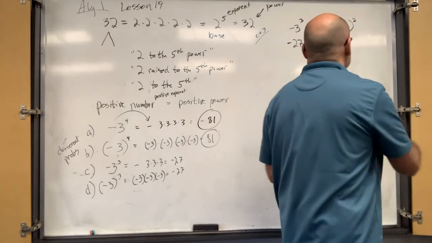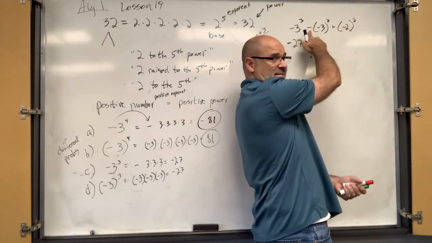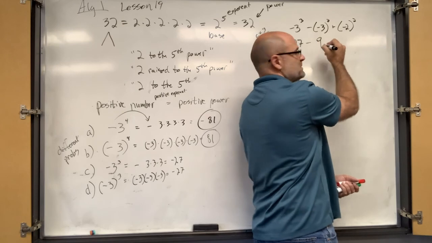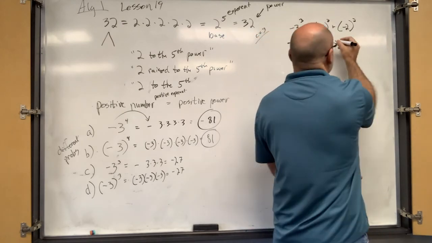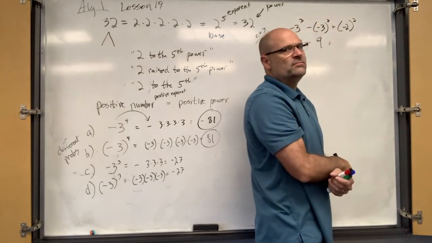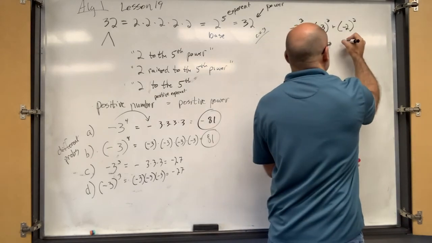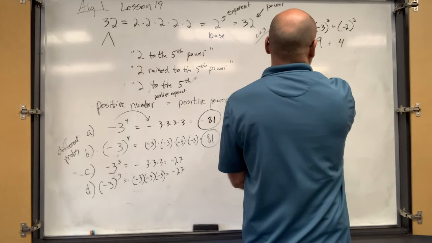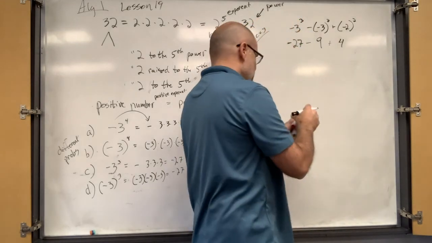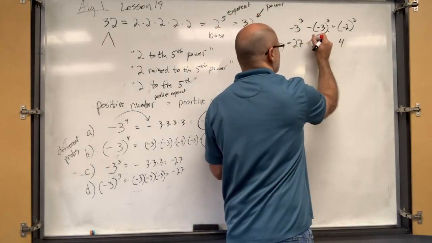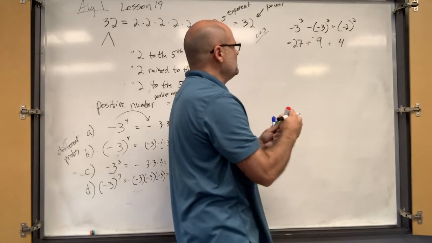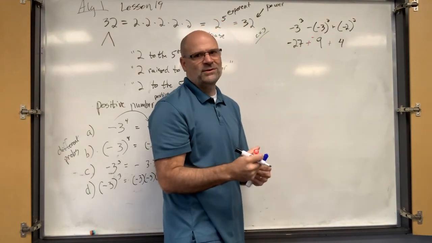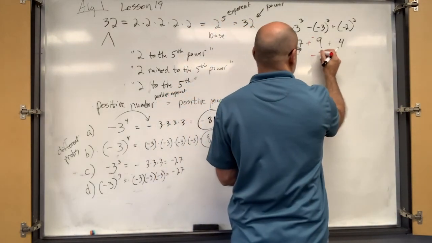Positive 9, but we're subtracting a positive 9, right? Yeah. And then plus, what's negative 2 squared? Positive 4. So we got negative 27, and then plus negative 9, so negative 36 plus a positive 4. Negative 32.